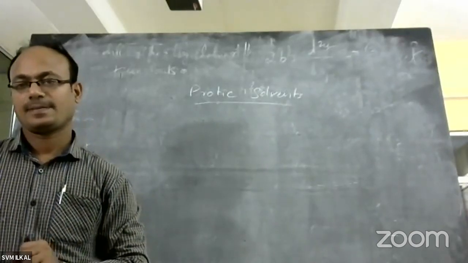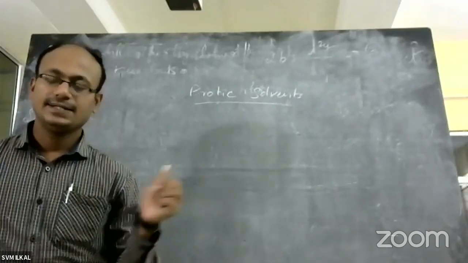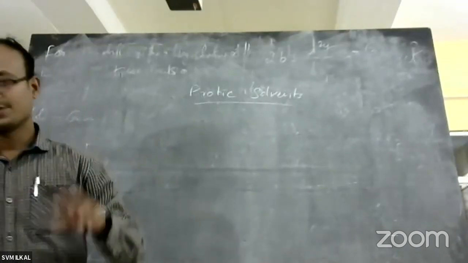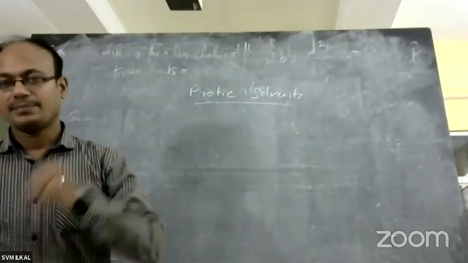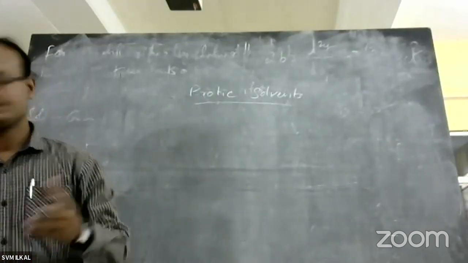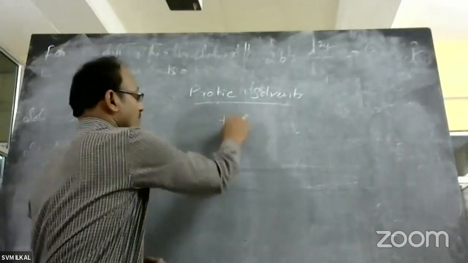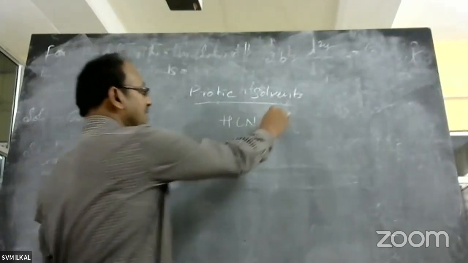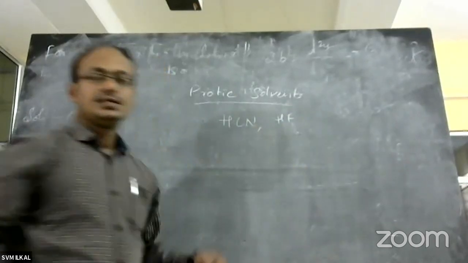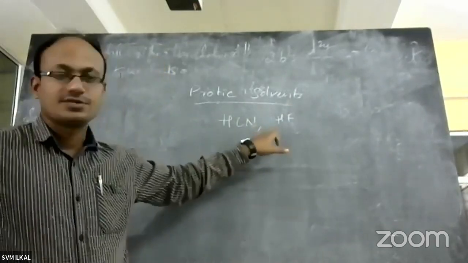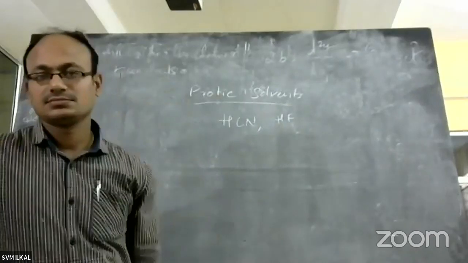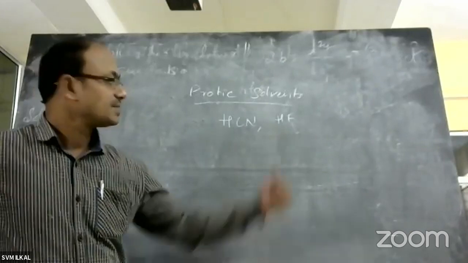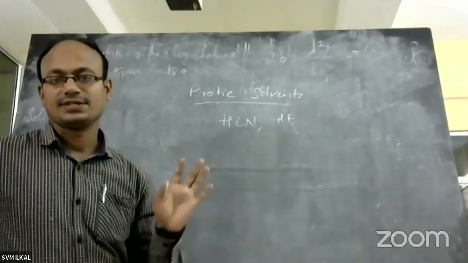Got it? Examples: I have given HCl, and one more I can give, HF. See, in these examples we find the presence of hydrogen from which we can derive the protons. So this comes under the category of protic solvents.